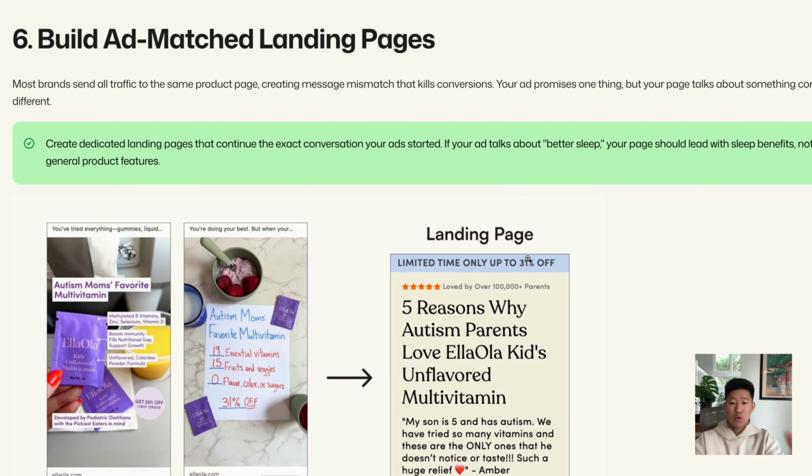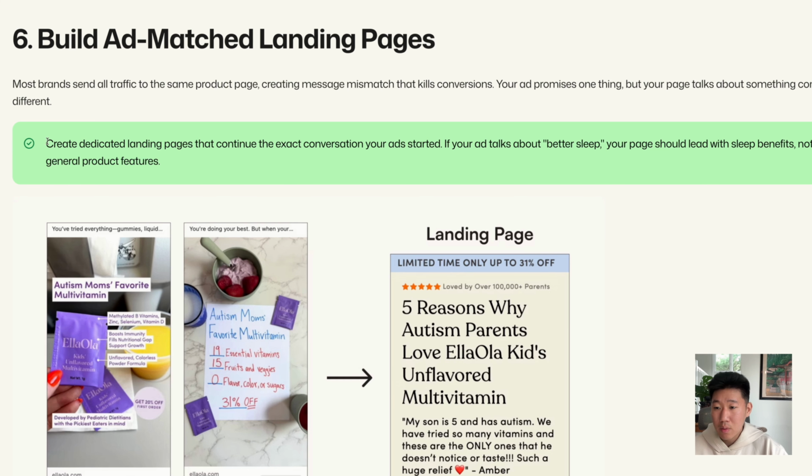So the more congruent that page is to exactly the reason why they clicked on the ad, the better. Pretty much all I'm saying is to have a more seamless bridge from what you're saying in the ad to the exact page.